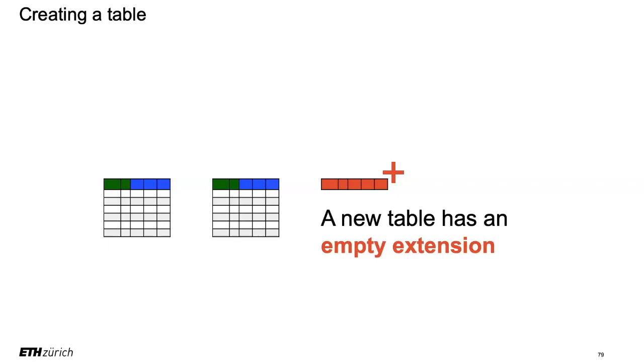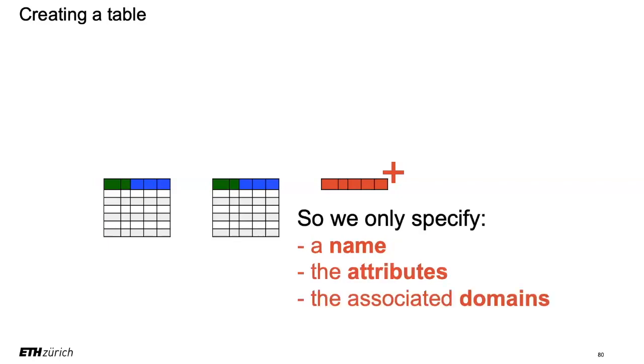So these are all the instructions we can give. So let's start creating a table. Of course, when I create a table, it's going to be empty, right? It's not like PostgreSQL is going to throw in some random data in there. It's just starting empty. So what we need to do is specify the name of the relational table, the attributes that we want, the name of the columns, and the associated domains that we want in there.